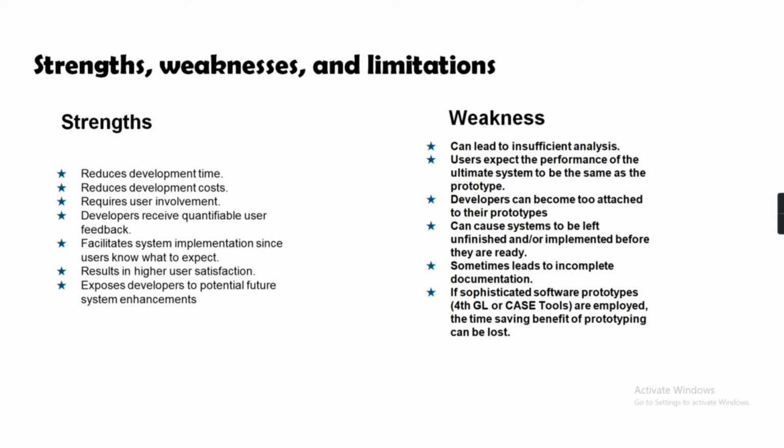Since a working model of the system is displayed, the user gets better understanding of the system being developed. It also increases user involvement in the product even before its implementation. Missing functionalities can be identified easily. It can also expose developers to potential future system enhancement.